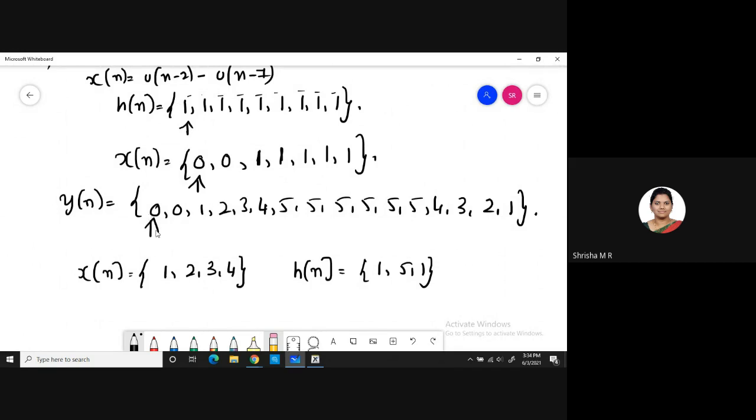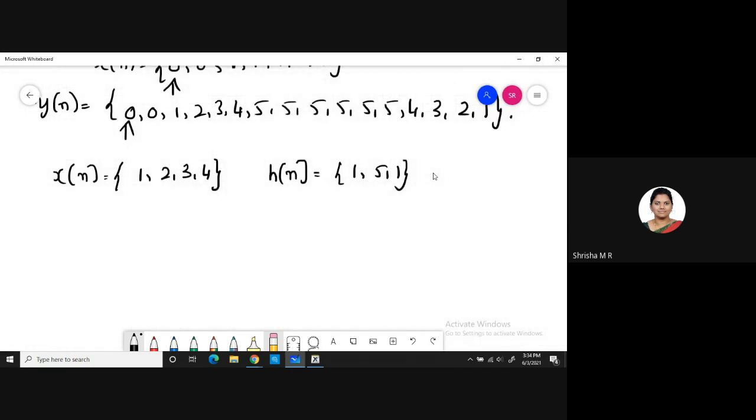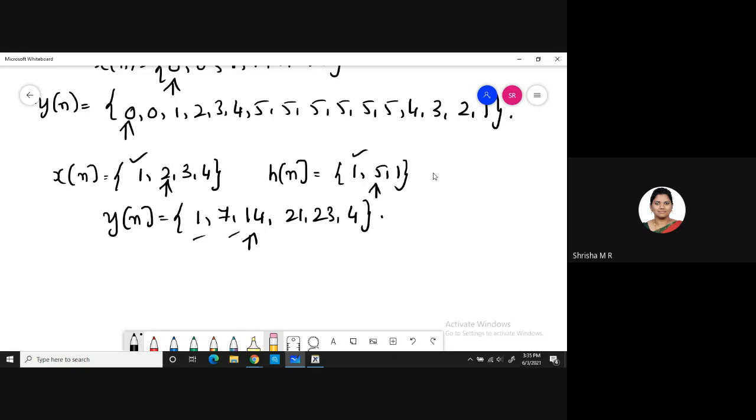So for this, I think you people have done this in simple method. So did you get this? y of n is equal to 1, 7, 14, 21, 23 and 4. Your origin is at 14. So for this the origin is at 2 and for this it was at 5. So 1 plus 1, it is 2. Got it?